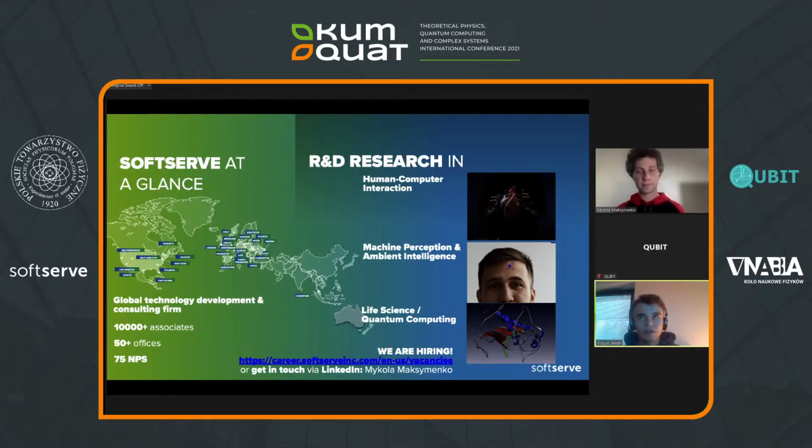And is there already some hardware, like FPGA or something, that can use this method more effectively than, for example, basic GPUs, or is it still work in progress? This is still work in progress.